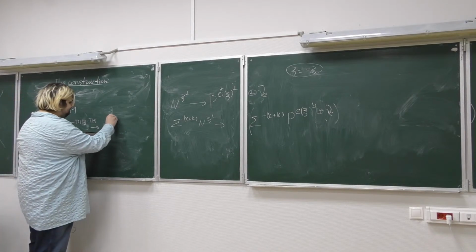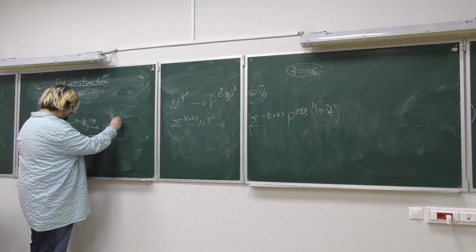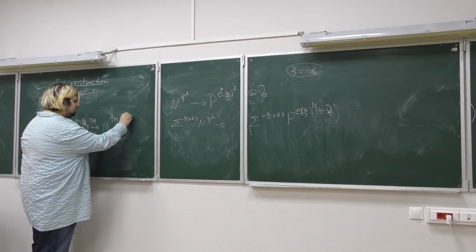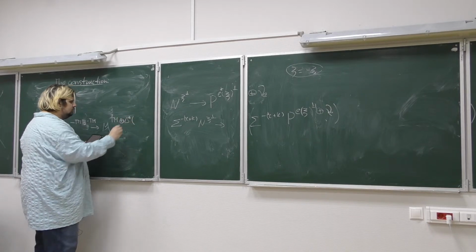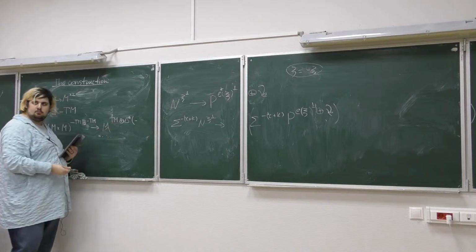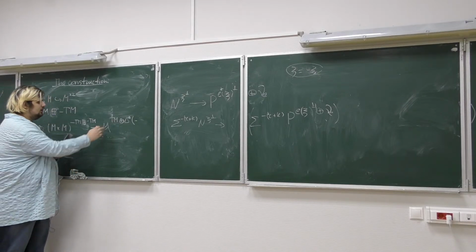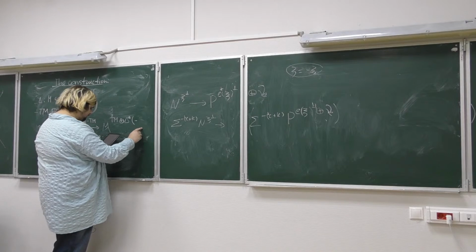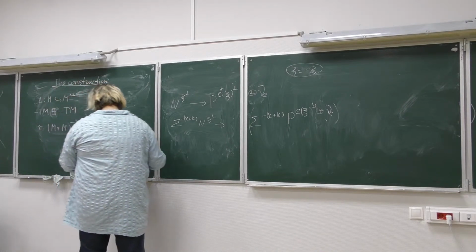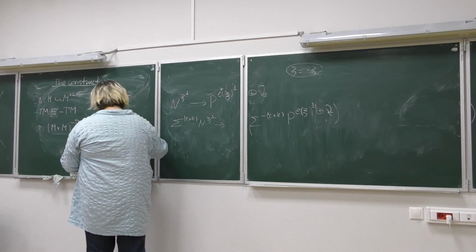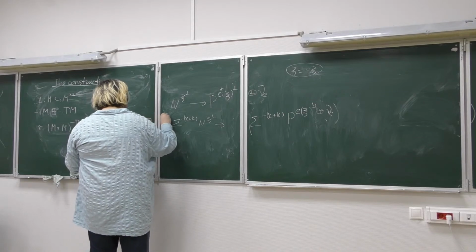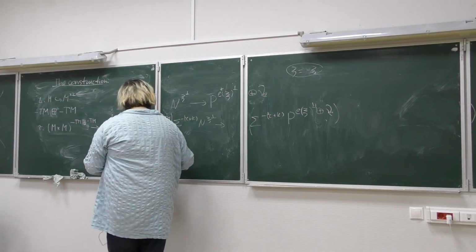Okay, so we have the following thing. So this is the normal bundle to delta, and we add the pullback of this virtual bundle to this manifold, and we get this thing here.